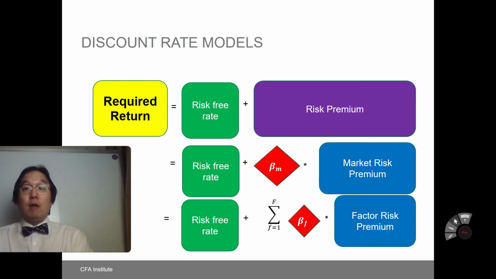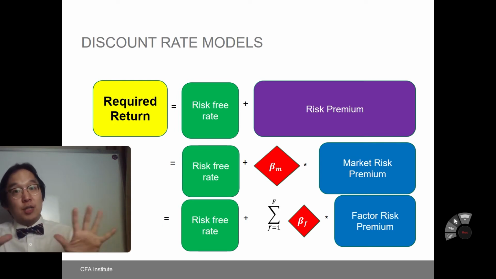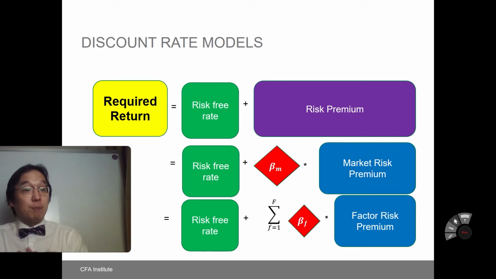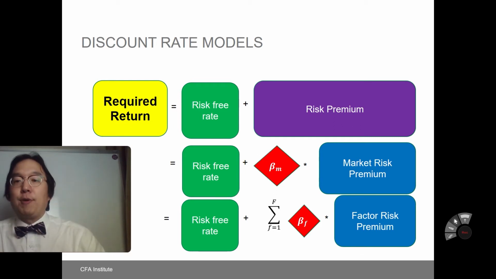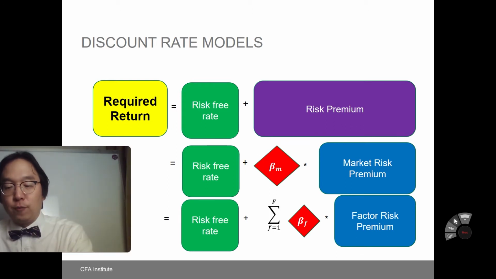Instead of just having one risk factor, there could be multiple risk factors that are independent of each other, which try to decompose and understand all this risk premium in more scientific ways. But in this class, we are not going to talk about multiple factor models; we're going to focus on the capital asset pricing model, one factor that you have to focus on.